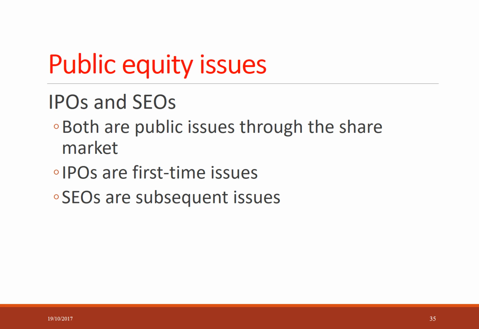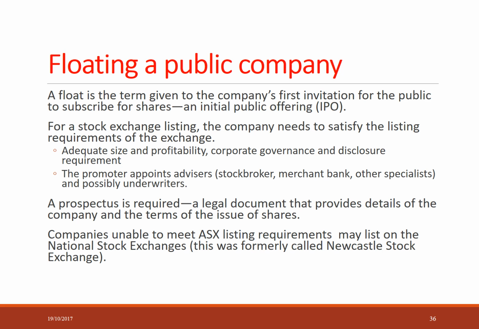So we talked about IPOs and SEOs before. They are both share issues, but IPOs are the first-time issues, and SEOs are subsequent issues. When the firm wants to go public, they go through an IPO process where they issue shares for the first time. To be able to issue an IPO, the firm has to meet certain requirements from the stock exchanges. They have to be large enough.